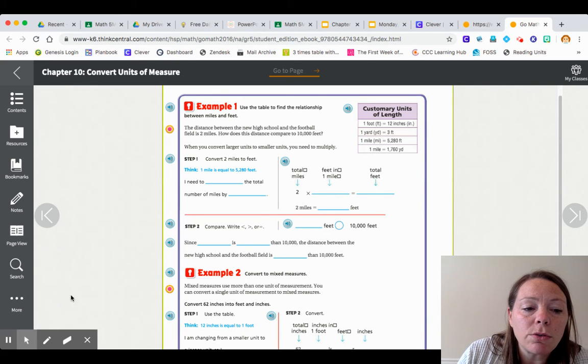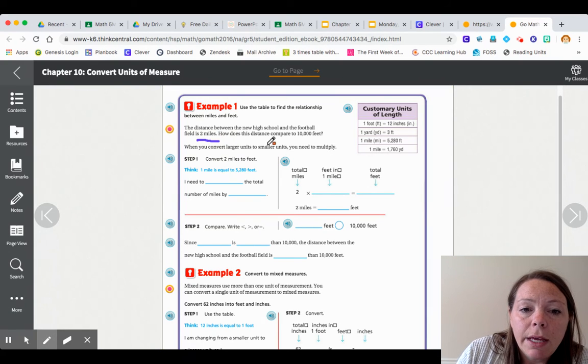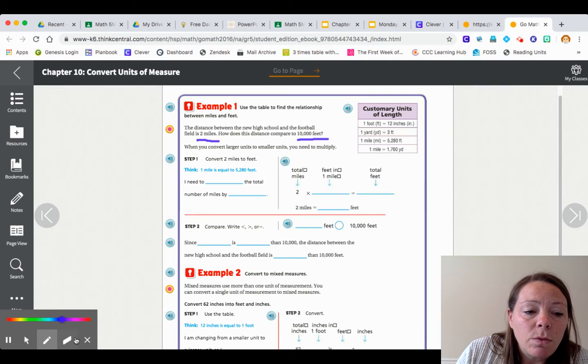So we know that the high school football field is 2 miles from the school. And we want to compare that to 10,000 feet. So we're talking miles and feet. We need to have the same unit. So to convert 2 miles to feet, we need to think, are we going larger units to smaller units, or smaller units to larger units?